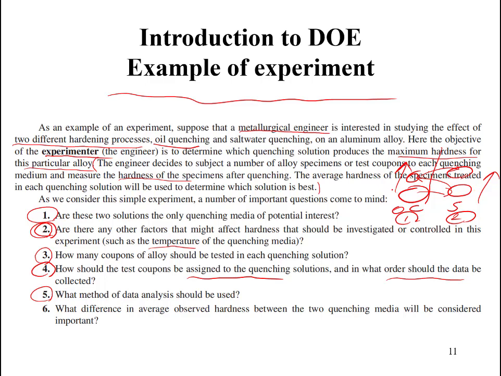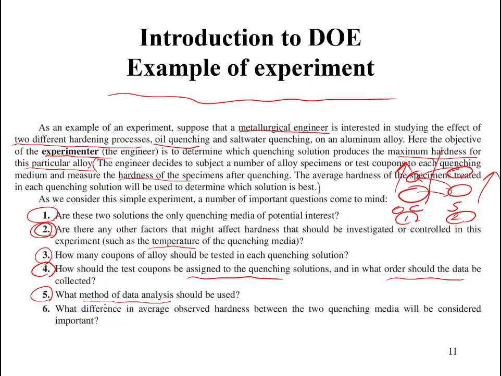For example, if the hardness here is just 100, this is just a number, and the other one is 101, is this difference significant? Can we say the sample with 101 hardness is better than the other one? This kind of comparison can be done only by choosing an appropriate method of data analysis.